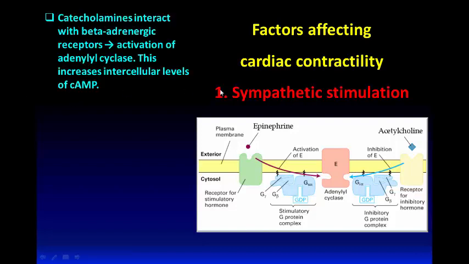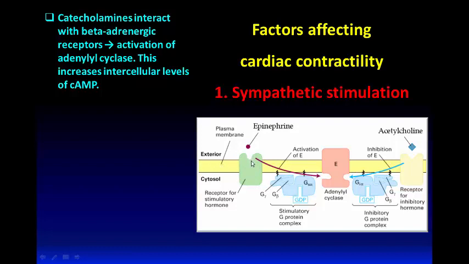So the catecholamines, the sympathetic stimulation: when the sympathetic system is stimulated, we have release of catecholamines, epinephrine and norepinephrine, and these interact with beta-adrenergic receptors in the sarcolemma.